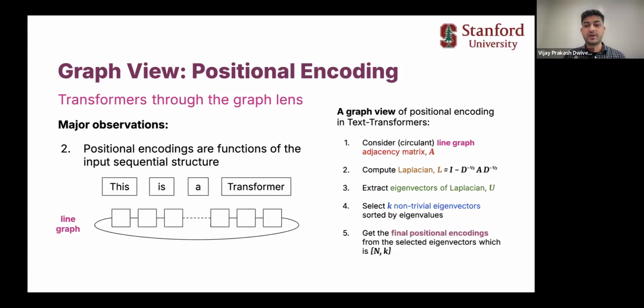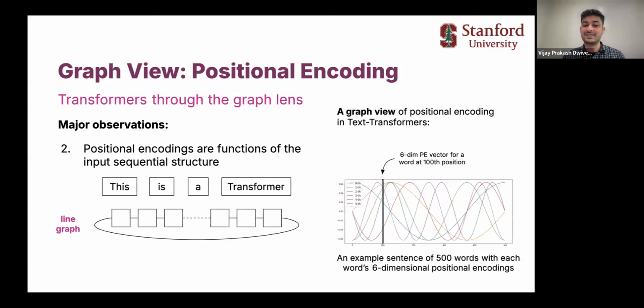And if we try to reconstruct through a graph view what positional encoding means in the text transformer, we'll find that we can take the adjacency matrix of the line graph, get the Laplacian of it, extract eigenvectors, and if we sort k non-trivial eigenvectors, we get final position encodings of size n times k, which resembles the positional encodings defined in the original transformer.